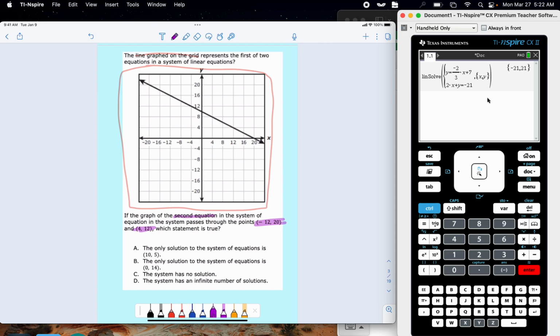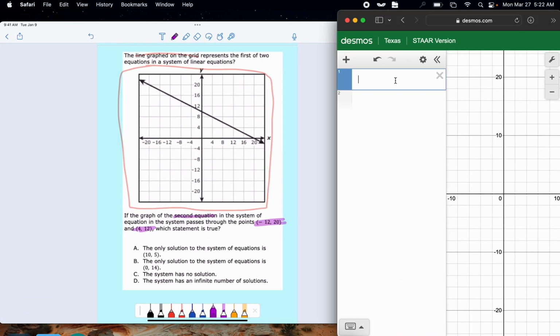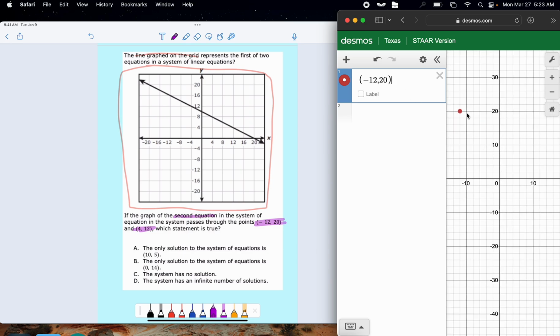So we're going to plot those points. If you need help plotting points, go ahead and put them in Desmos. Negative 12, comma, 20. And you can see it's right over here. Negative 12 right here, and then 20 right here. They meet right here.